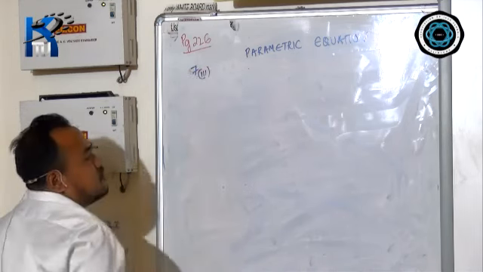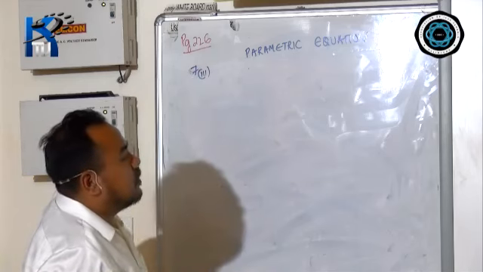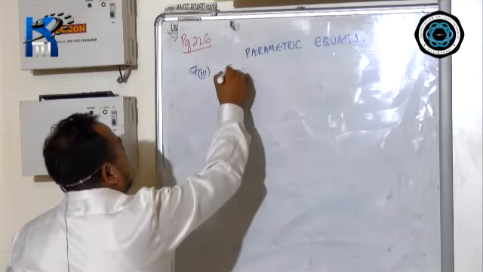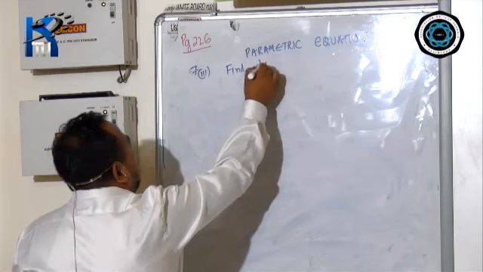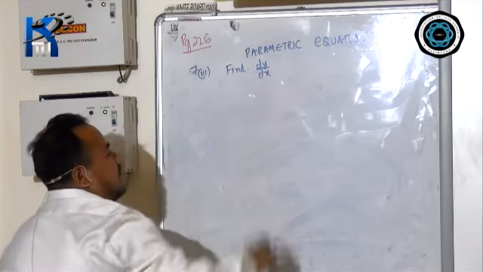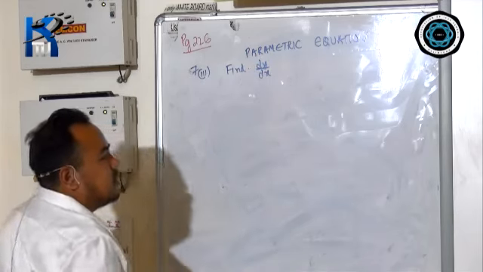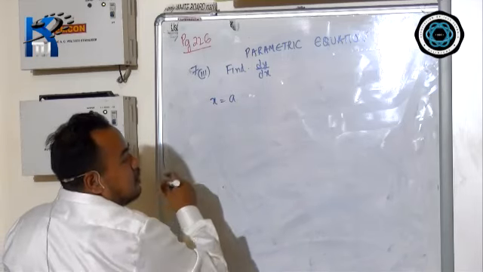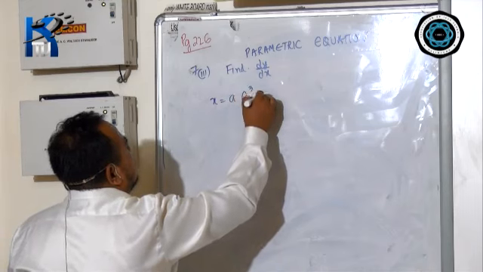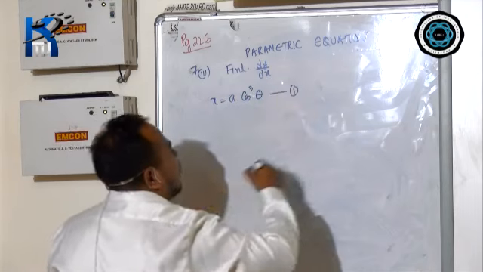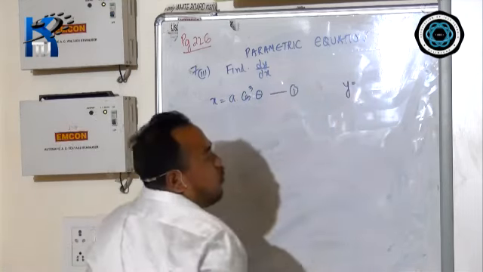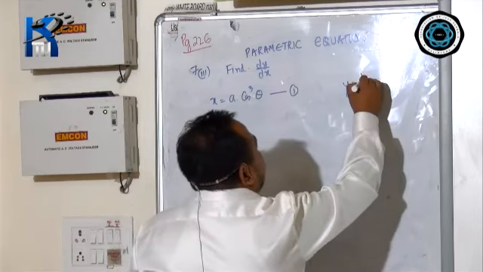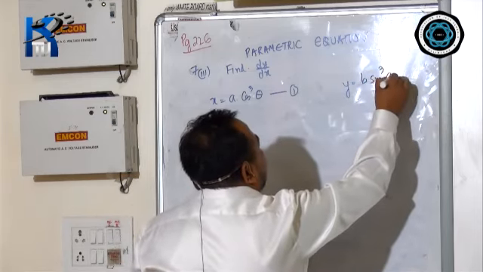7 subdivision 3. The question is, find dy by dx such that x equal to a cos cube theta, equation number 1, and the second equation y equal to b sine cube theta.